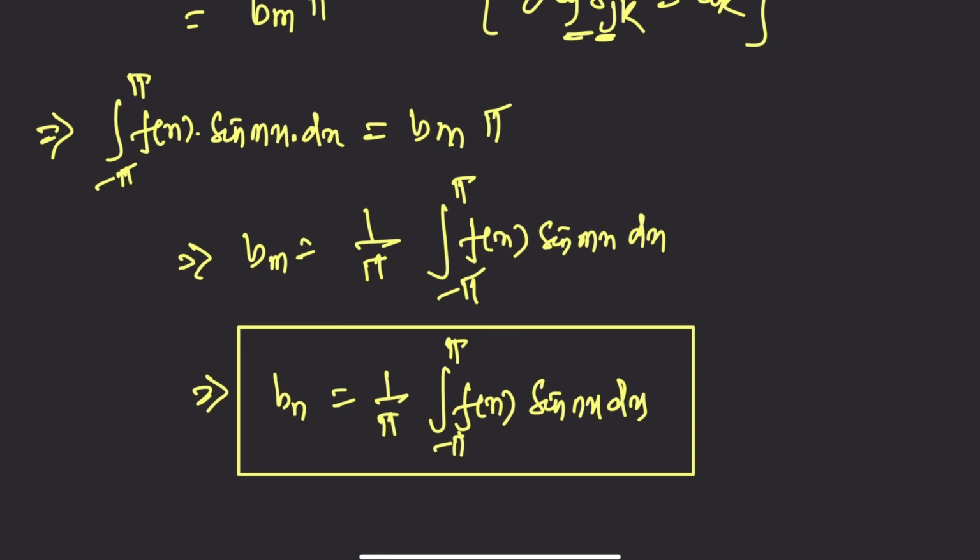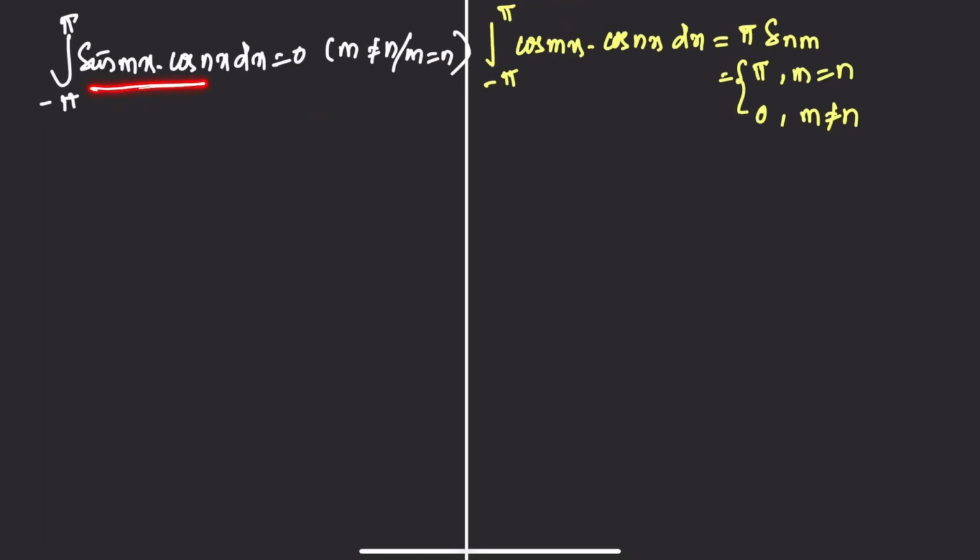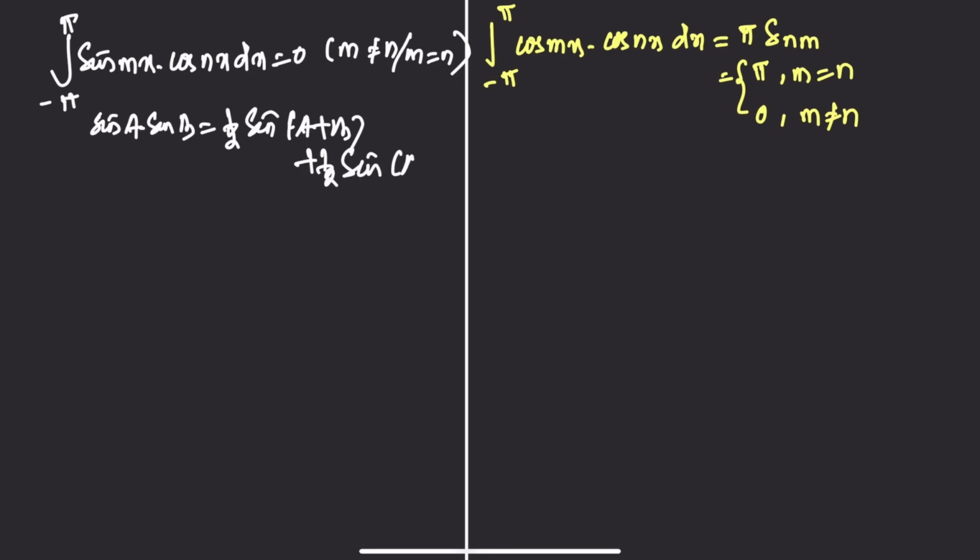Okay, so now let's prove the orthogonal properties of sine and cosine functions. To prove this integration, we use the trigonometric formula sin a sin b equals half of cos(a minus b) minus half of cos(a plus b).